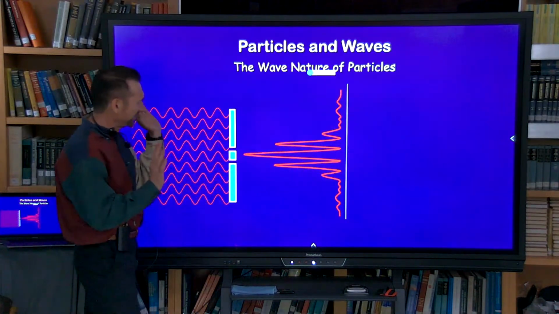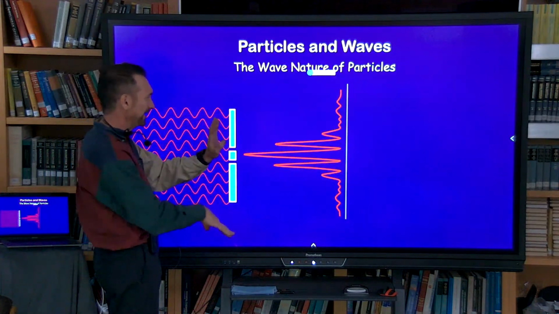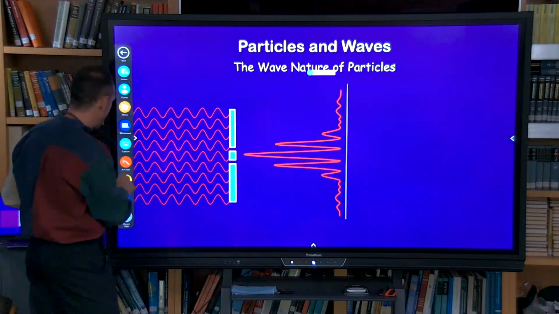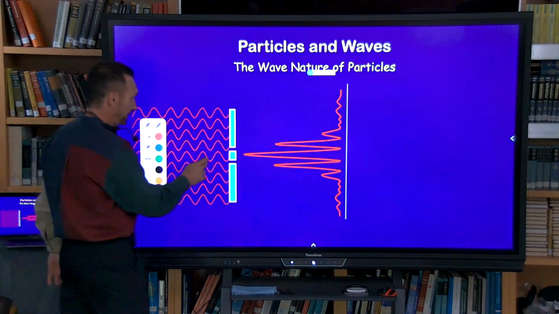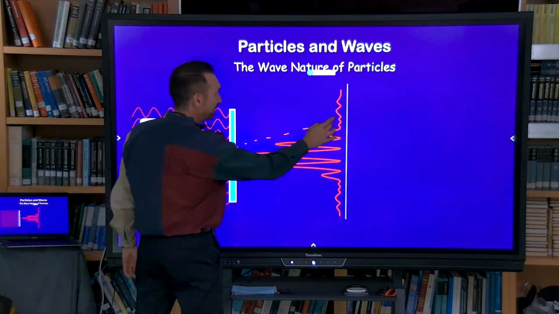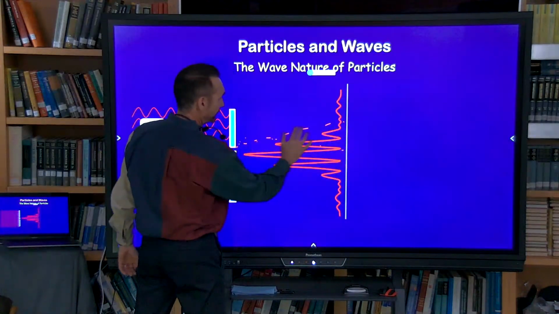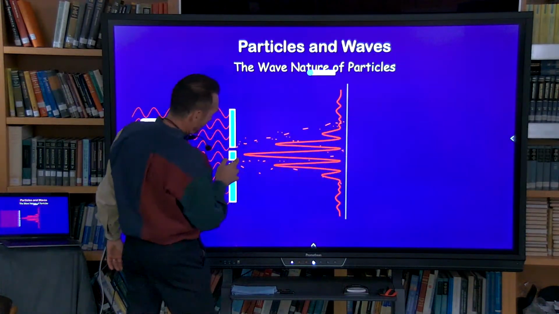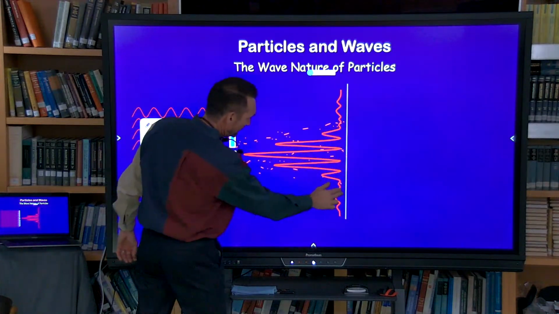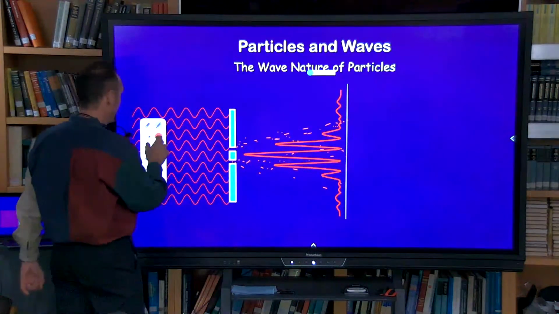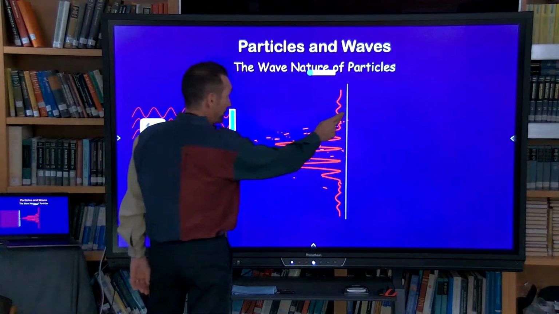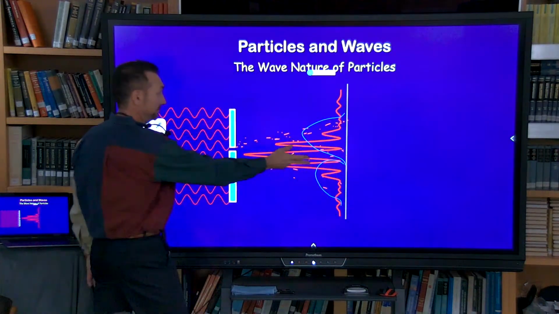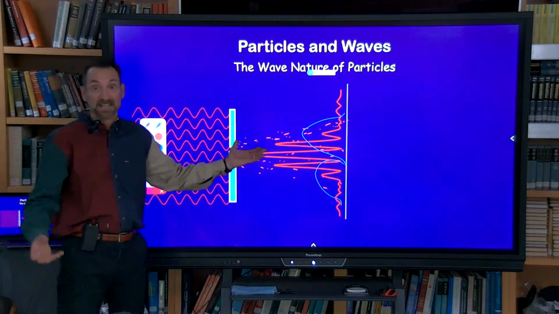But even so, it's crazy. If they really are just particles, with a probability of where they hit, they should just come flying through here and bounce all over the place. And some will hit off the wall or off the edges of the slit. But if they're just coming through, what you should expect to see is a bunch of particles hitting here and a bunch of particles hitting here, because they can't interfere with each other.